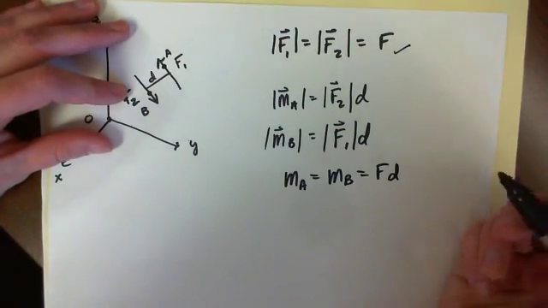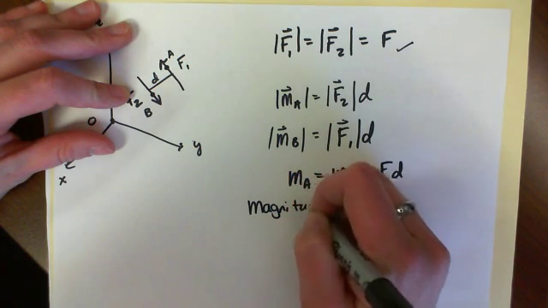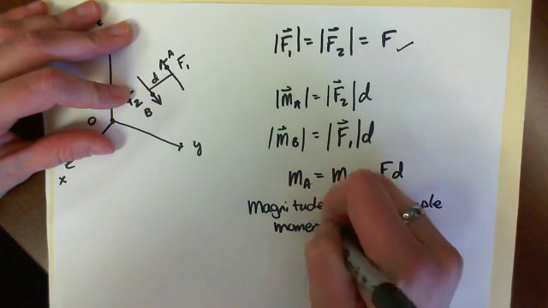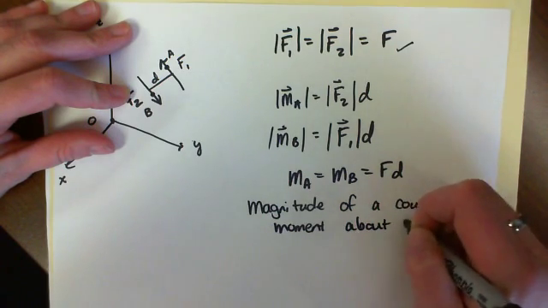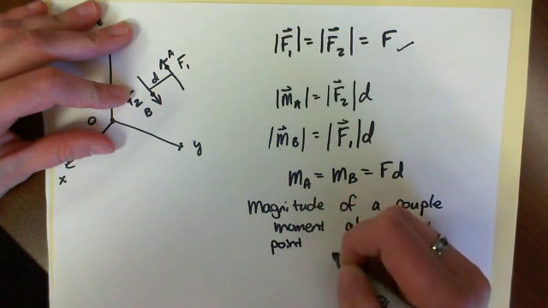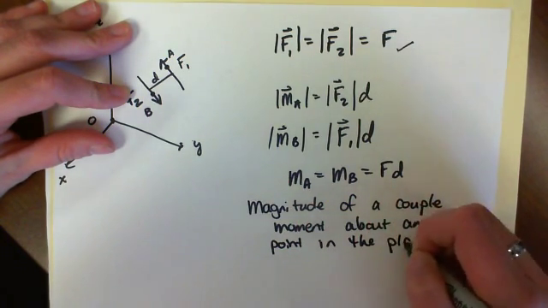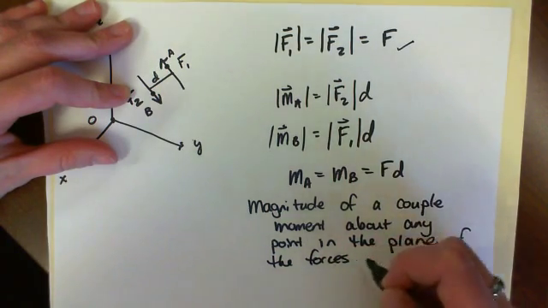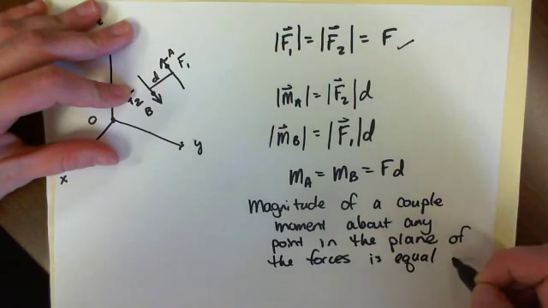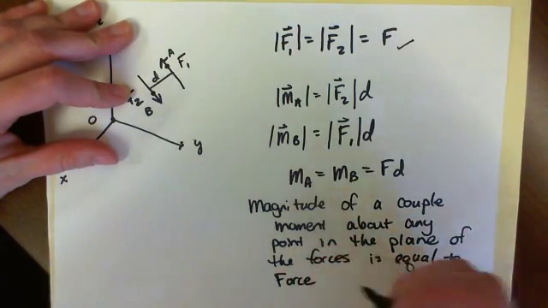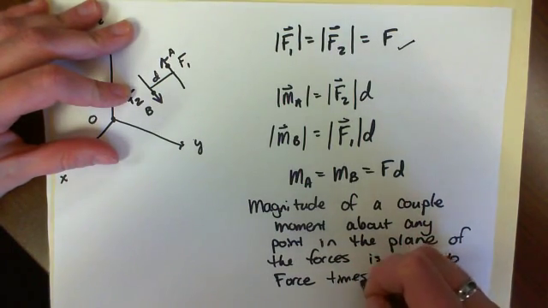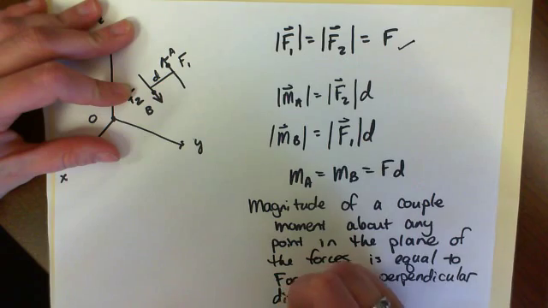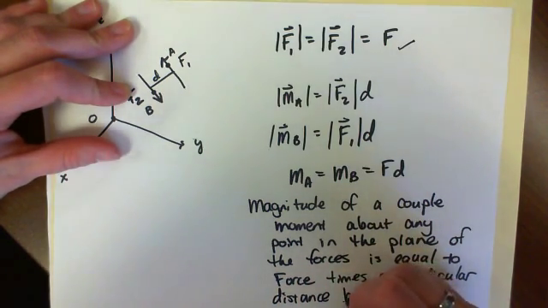So the magnitude of a couple moment about any point in the plane of those forces is equal to the magnitude of the force times the perpendicular distance between the forces.